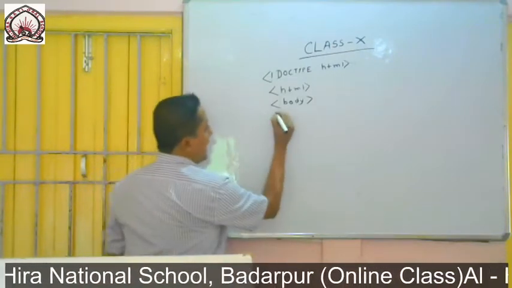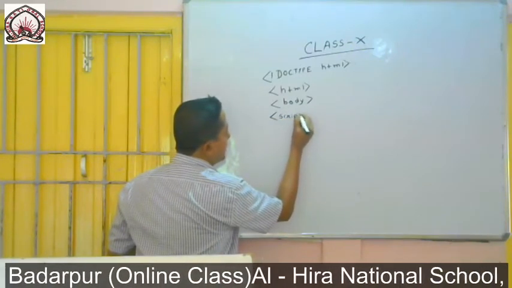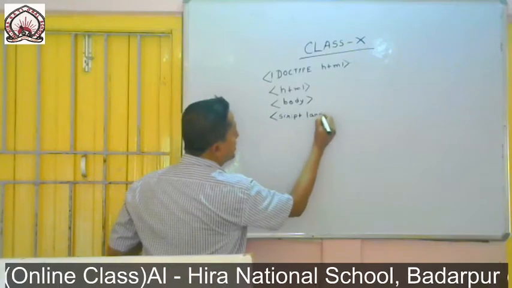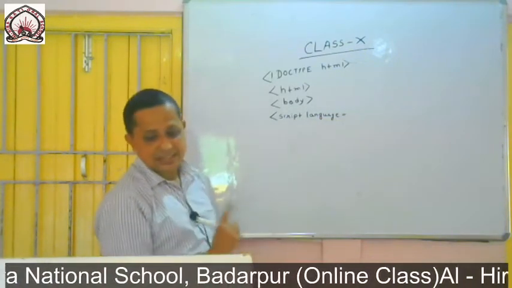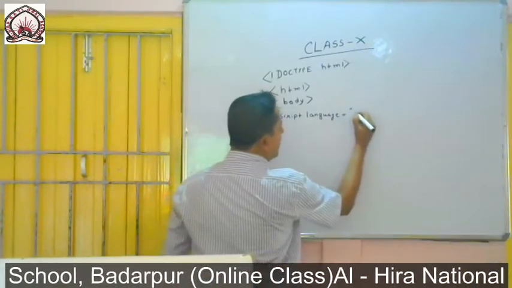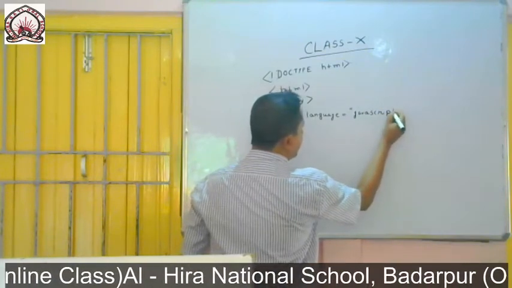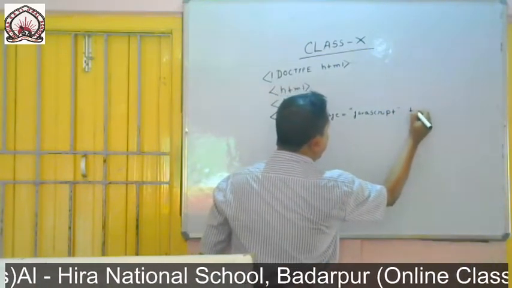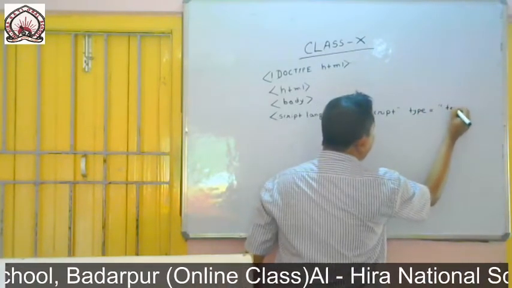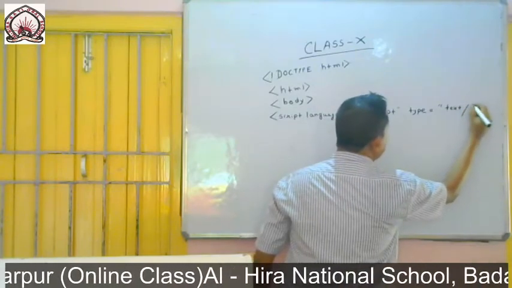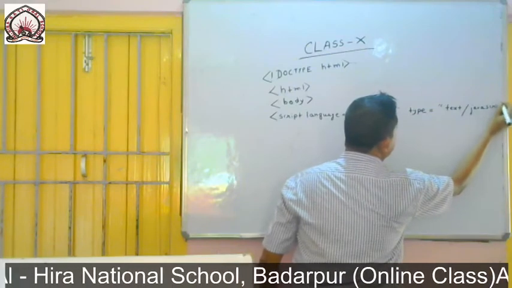Now as I am using JavaScript, I'll write script language is equal to JavaScript, within double inverted commas. Then you will write type is equal to text/javascript, within double inverted commas.